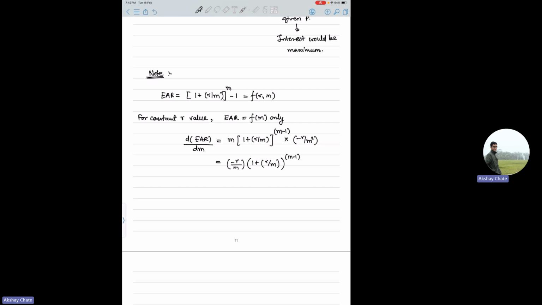So this is nothing but the rate of change of EAR with respect to M. We sometimes call it slope, but it's nothing but the rate of change of EAR with respect to M. R is constant here, and M is always greater than or equal to 1.